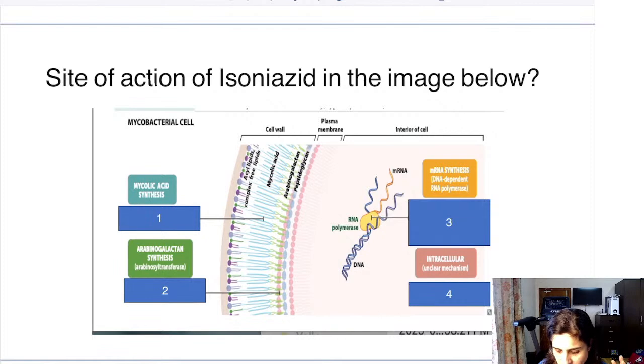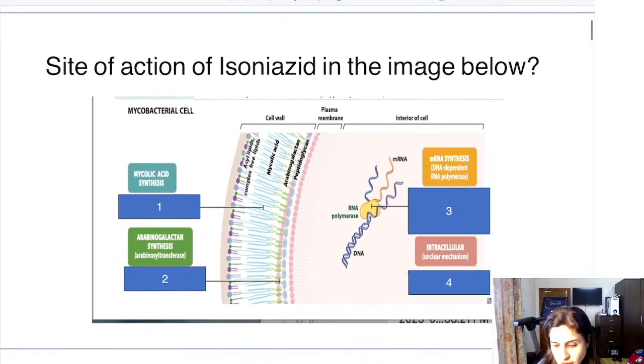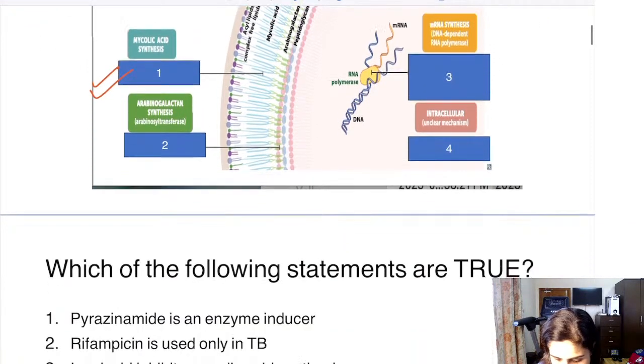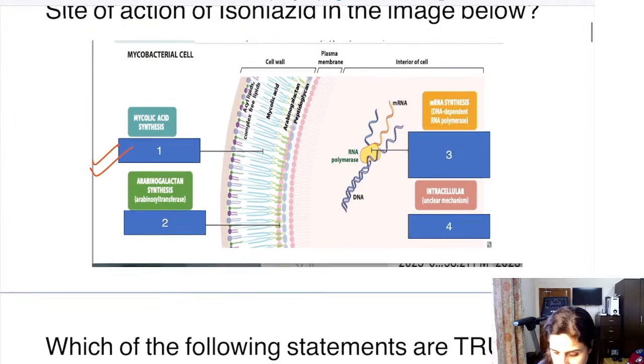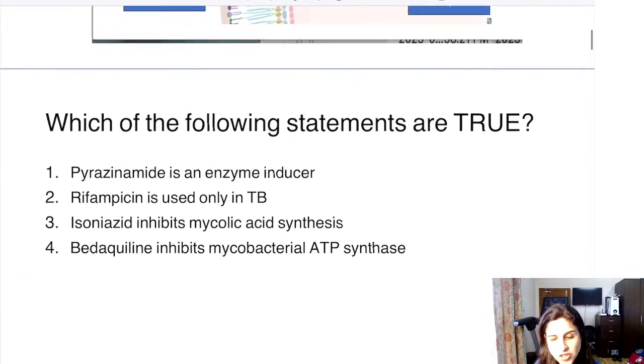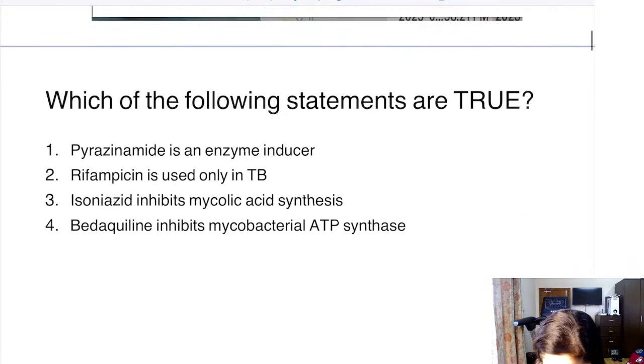So what is the site of action of isoniazid in the image which has been given below? Very good, Arnav. So site of action of the isoniazid is your site number 1. अगर इसी diagram को हम बाद में explain करके समझेंगे. Let's go to the second question and then we'll discuss about the others.